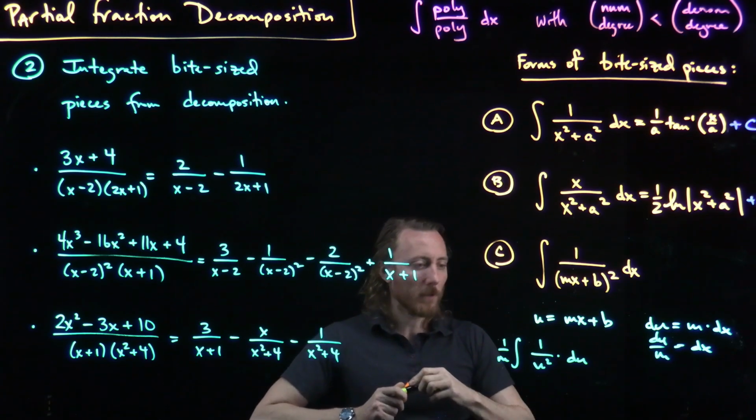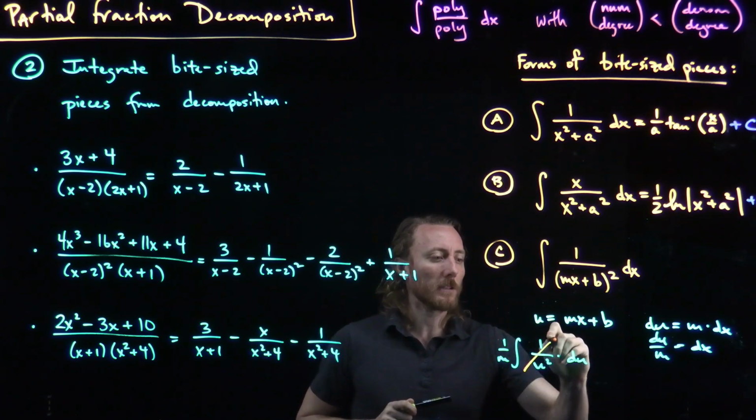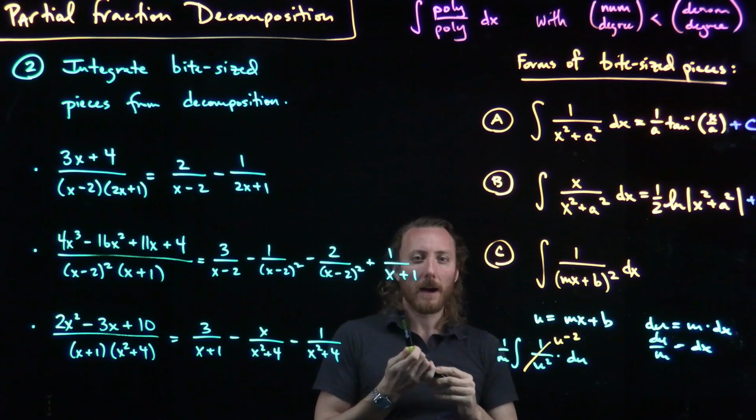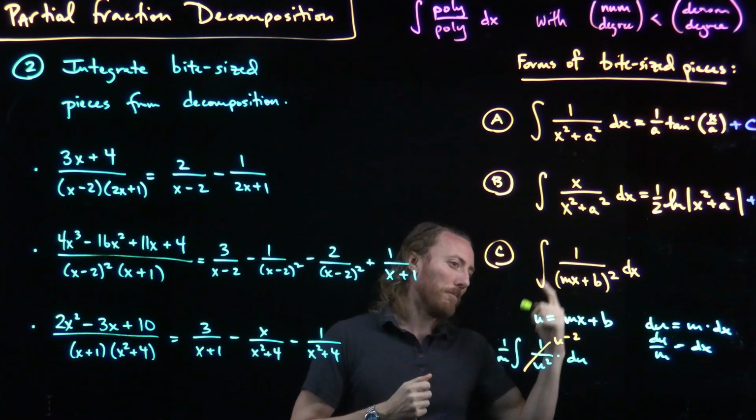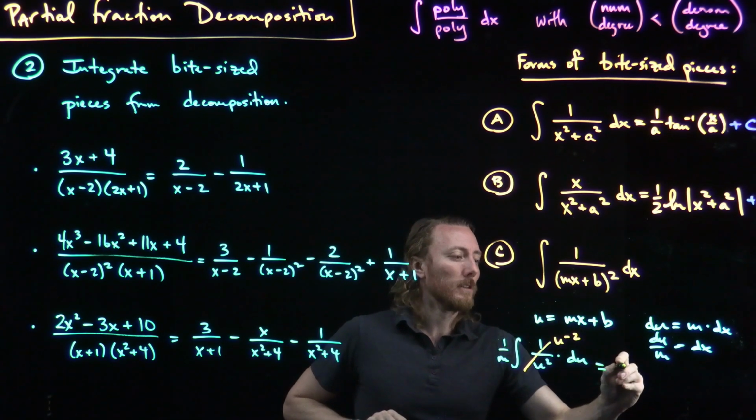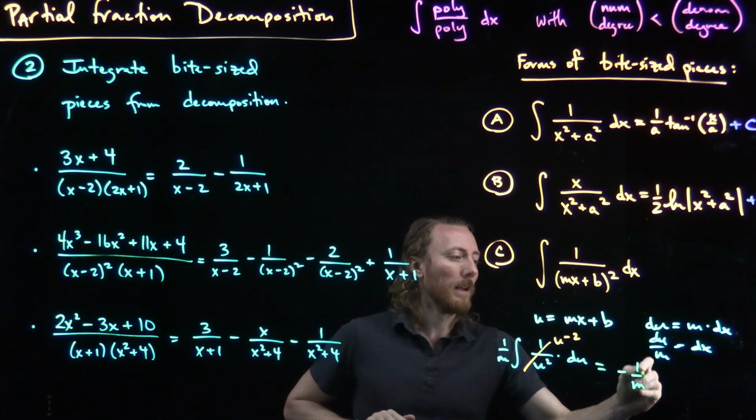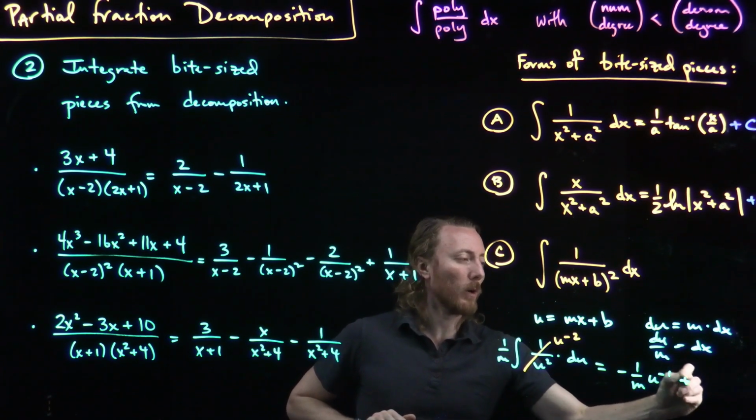But 1 over u squared, that's just u to the minus 2. Integrating u to the minus 2, we get minus u to the minus 1, so minus in front, and then u to the minus 1, plus c.